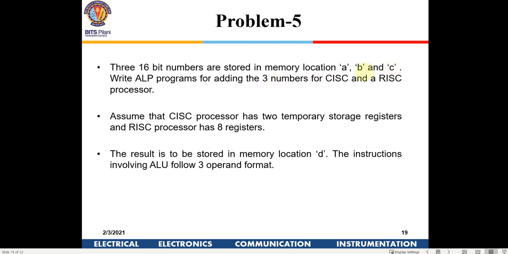In this particular exam, don't get confused with A, B, C as the internal registers. A, B, C are external memory locations. These are not the internal registers of the processor. These are the addresses through which we will have to access them.